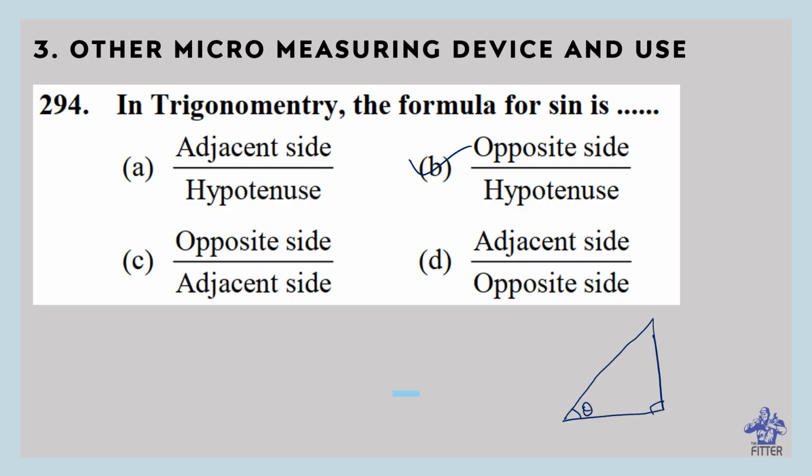This is the hypotenuse. This is the opposite side, we can say perpendicular. And this is the base. So sine theta equals opposite side, that is P, by hypotenuse, that is H.